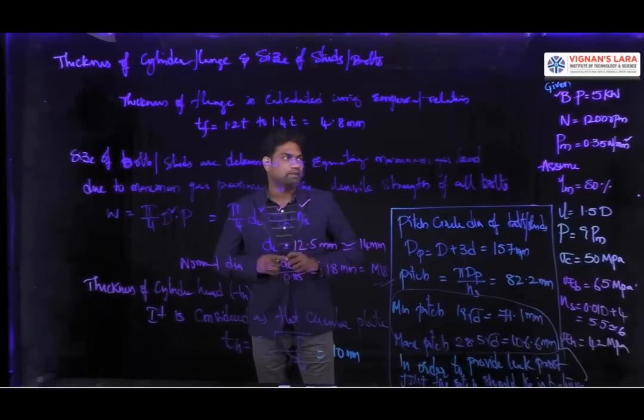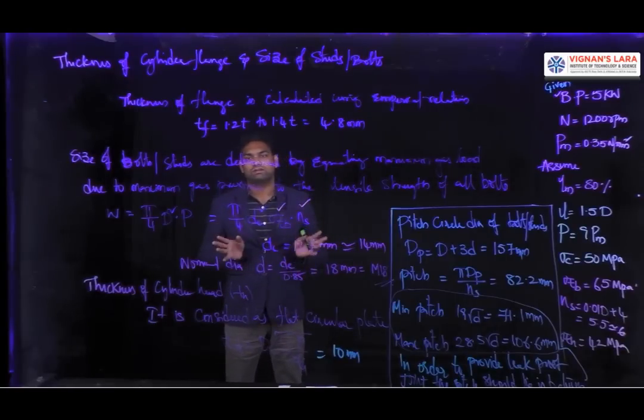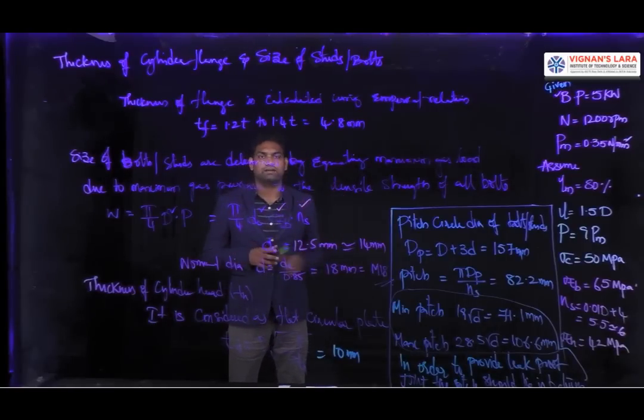After finding all the dimensions for the design, we can also describe all the dimensions in a tabulated form. After completion of calculating all the dimensions, you can simply tabulate it.